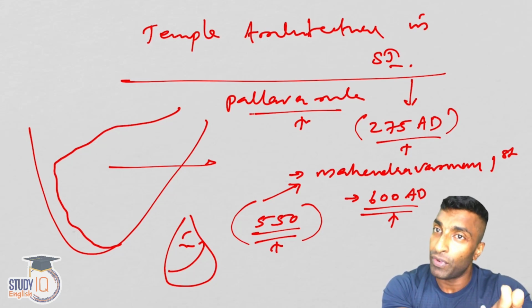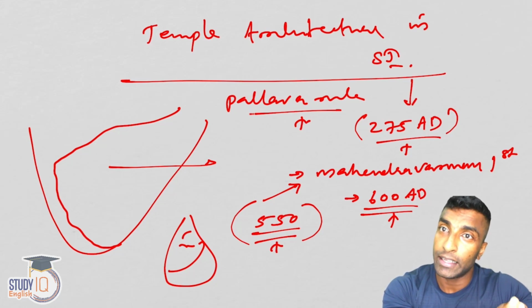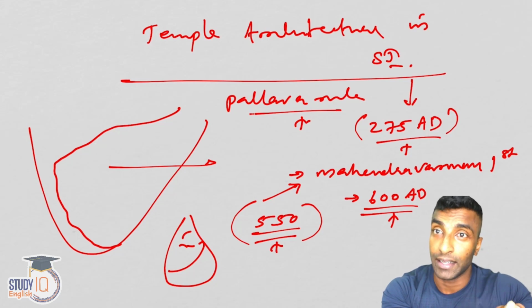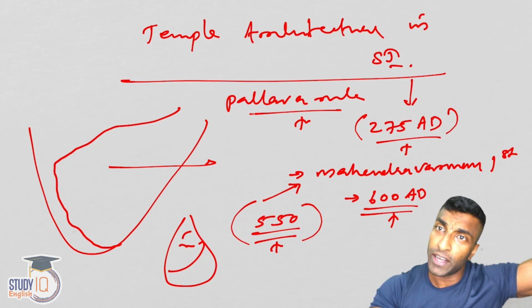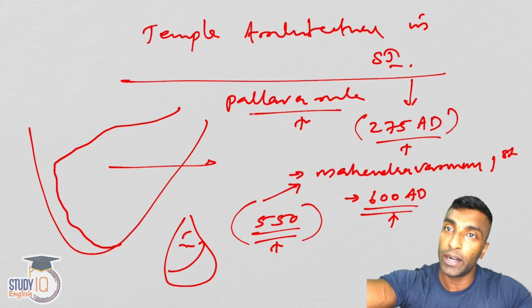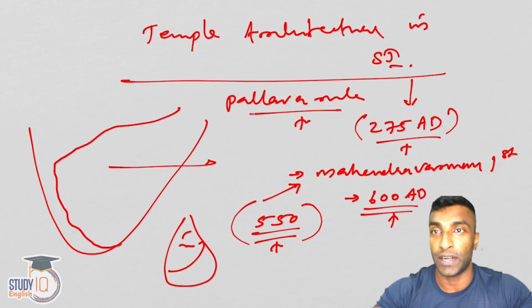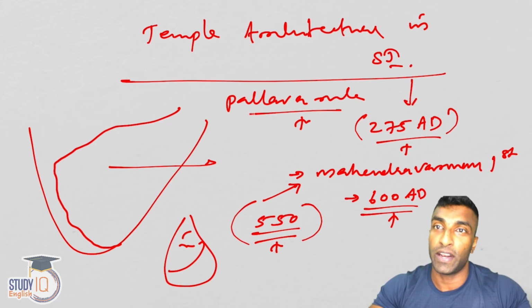Here we are discussing 600 AD, when Mahendravarman is coming, and when temple architecture in South India is starting. So the Gupta period is over, and only after that this is starting. Temple architecture flourished during the Gupta period, so it's already there. So which one is the oldest? Nagara, not the Dravida. North Indian, not the South Indian. I hope this point is very clear.